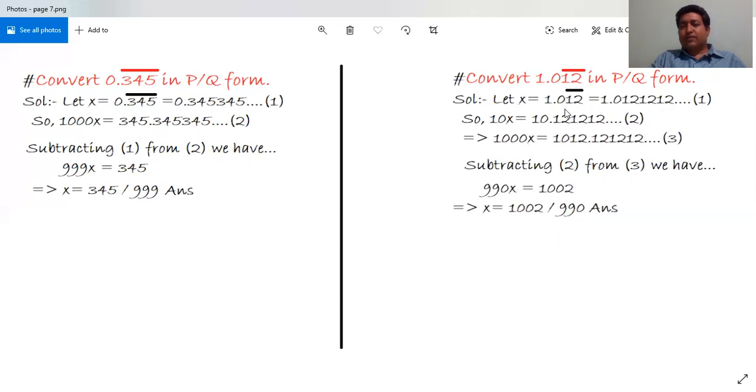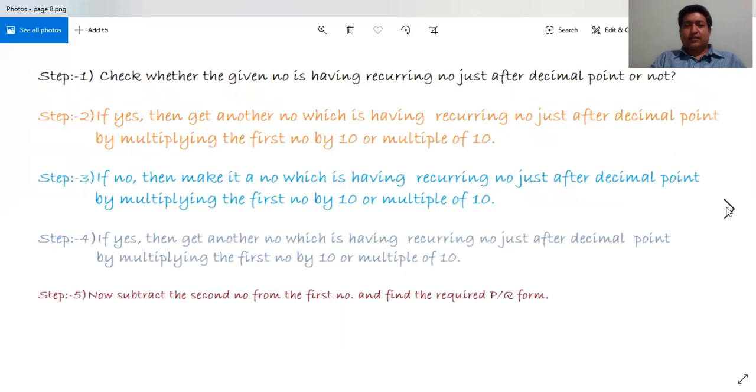I hope you understand, because in equation 2 and equation 3, the decimal digits are repeating and have the same pattern. So if you subtract equation 2 from 3, we get a whole number, right? So we get 990x is equal to 1002, right? So x is equal to 1002 upon 990. So let us see the next.